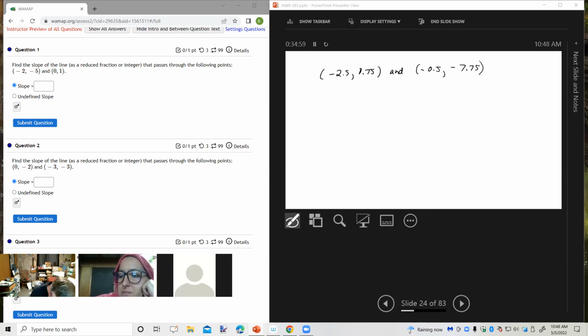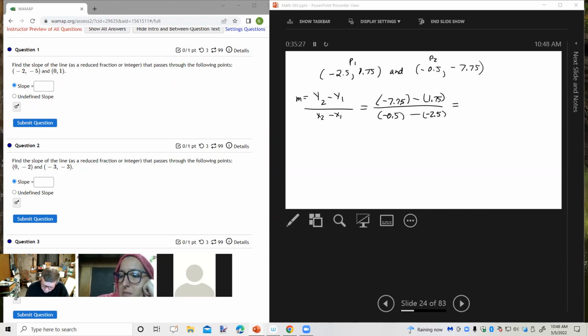So I'll call this point 1 and this point 2. Y sub 2 minus y sub 1 over x sub 2 minus x sub 1. Y sub 2 is -7.75. Y sub 1 is 1.75. X sub 2 is -0.5, and x sub 1 is -2.5.